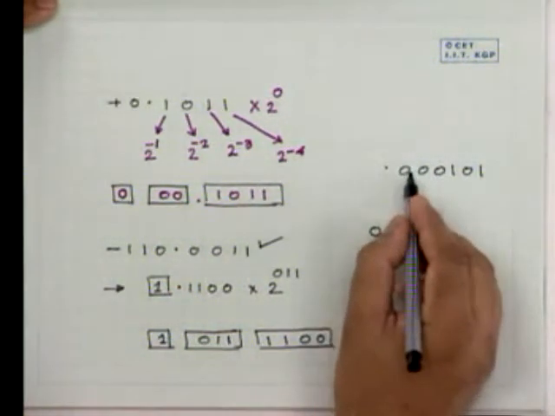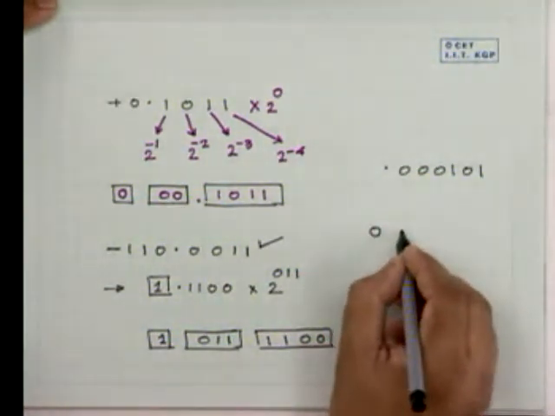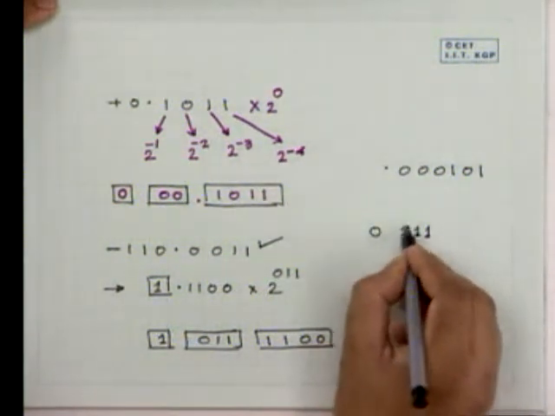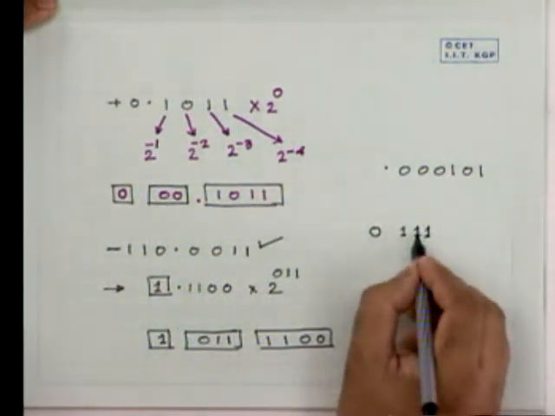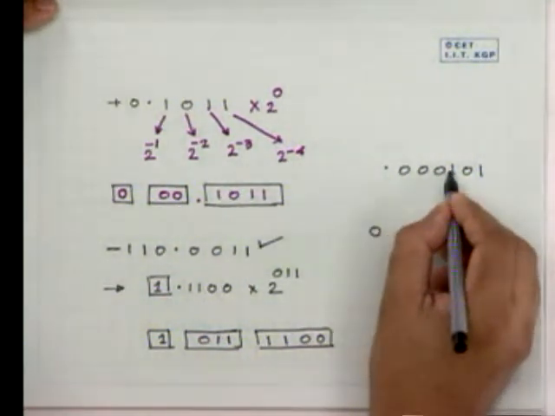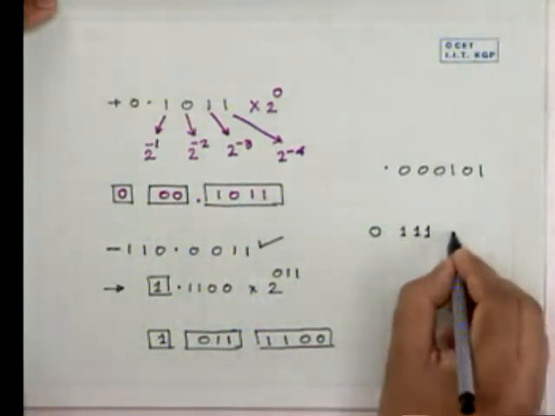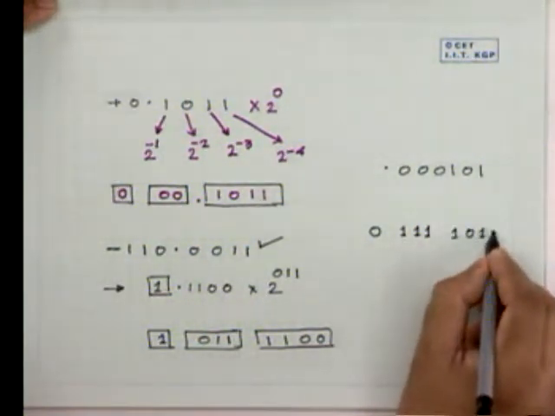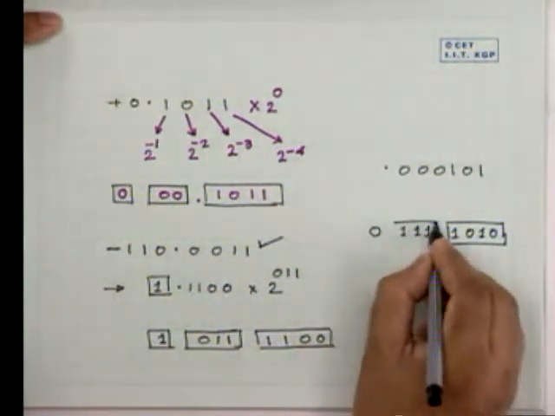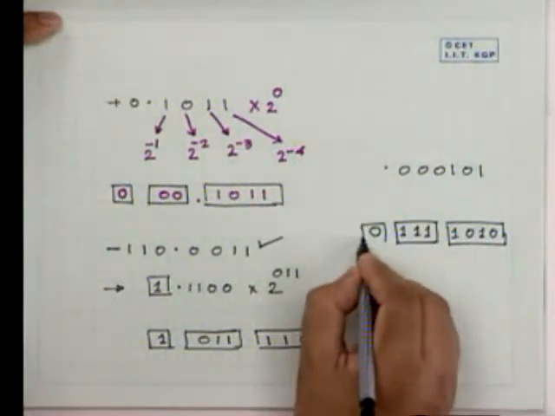The exponent should be minus 3, therefore 1 in sign magnitude representation, minus, and the mantissa will be 1010. This is the mantissa, this is the exponent, and this is the sign.